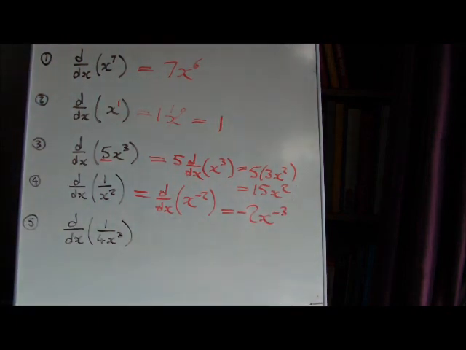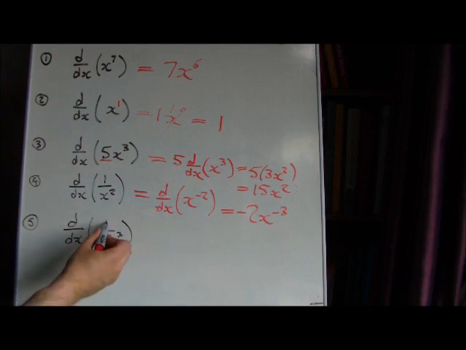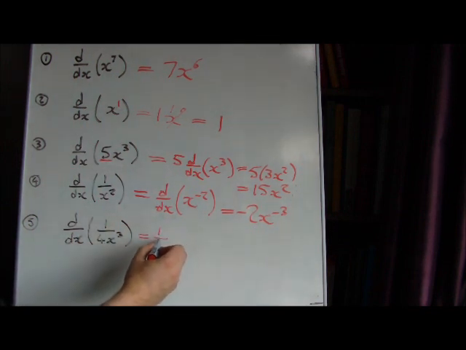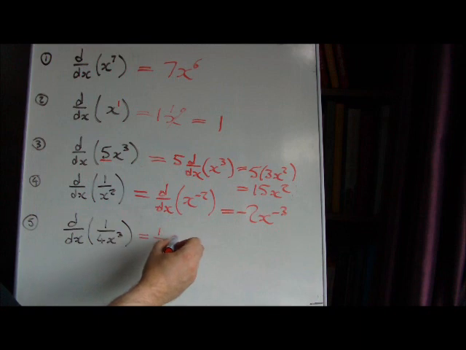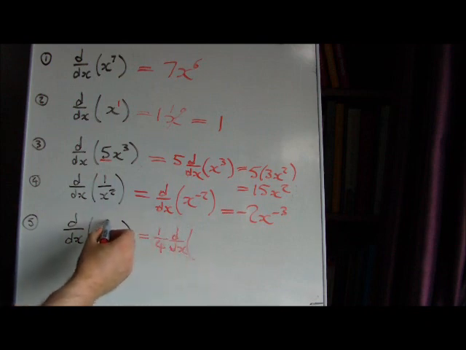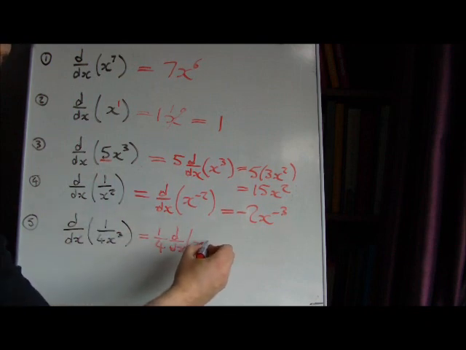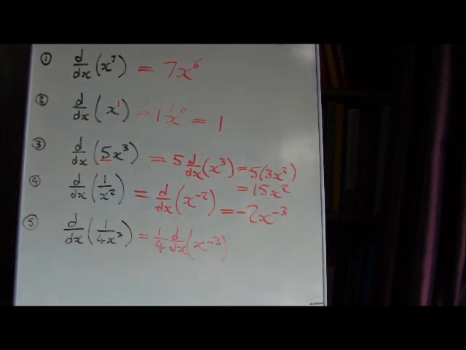The final example is probably the one where students often make a mistake with this. We've got a common factor of 1 over 4. So the first thing we should do is take that outside of the differentiation. So it means when we've now got 1 over x cubed in here, which is the same as x to the power minus 3.